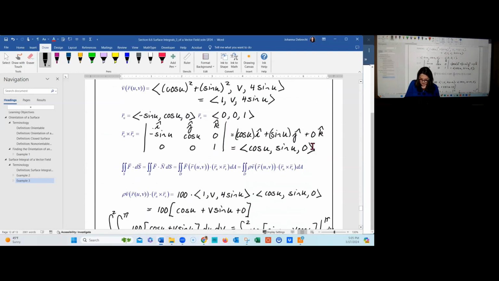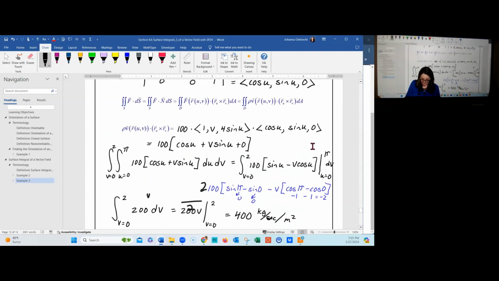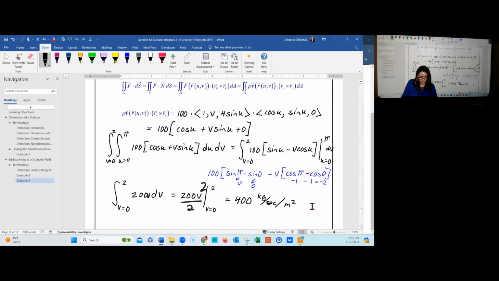Now that we've determined it is the effective one to use, we can set up our integration with that integrand, and we can integrate either with respect to u or with respect to v first, because on the parameter domain, it is rectangular. I chose to integrate with respect to u first, just to get the harder part over with.